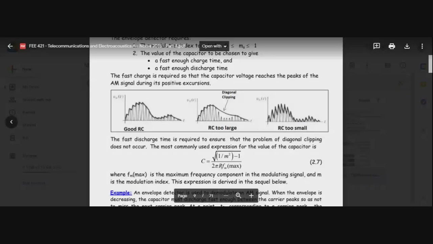When the time constant is just good enough, then the output is still a bit rough, but it more or less follows the outline of a signal. This is a general signal. Remember, the diagram that we had previously is for a single tone modulation, but general signals would not necessarily be single tone.